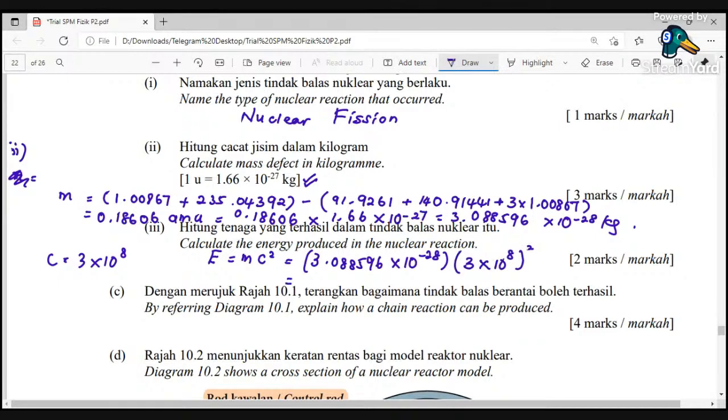Okay, so we'll get the answer is 2.78 times 10 to the power negative 11 Joule. Okay, answer in Joule.